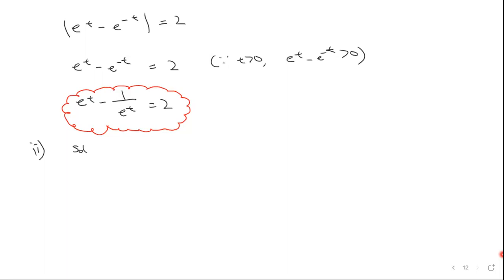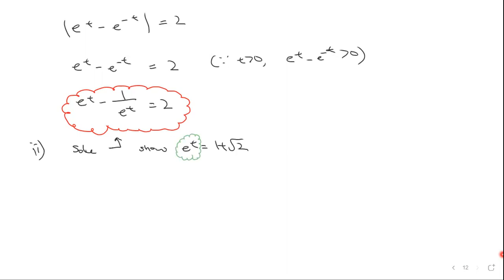They even told you to solve the above and show that e to the t equals 1 plus root 2, and that's a very strong hint. If you have trouble seeing how to solve that, you're not even solving for t, you're solving for e to the t.